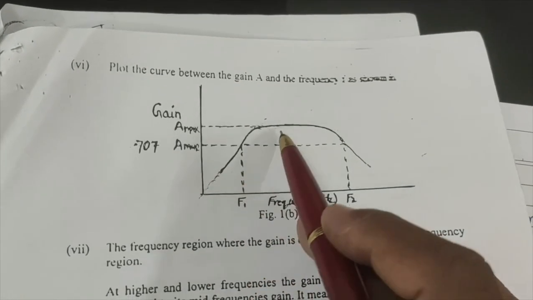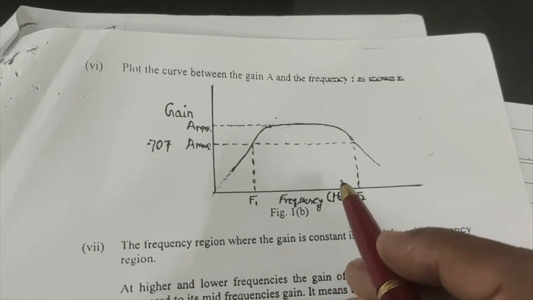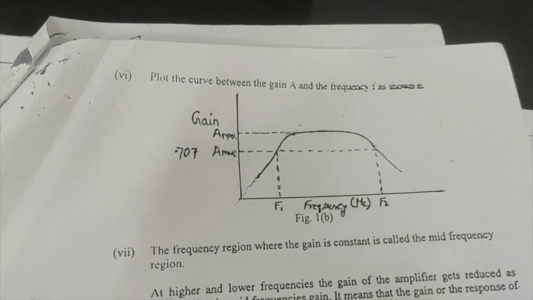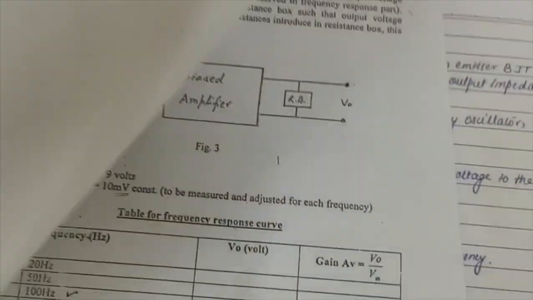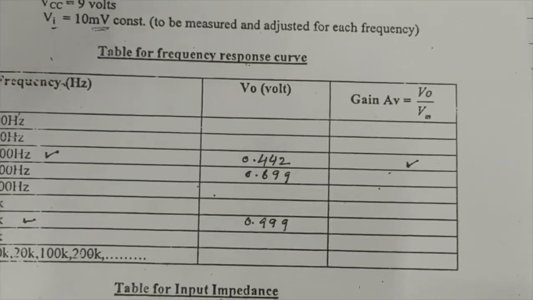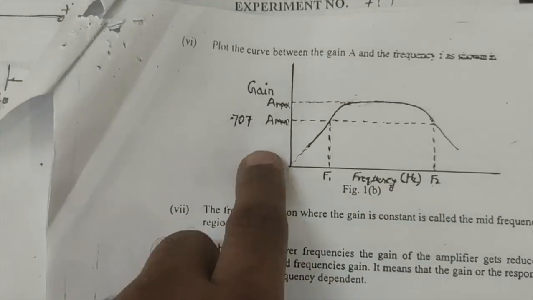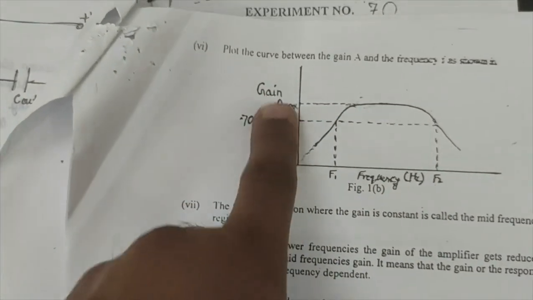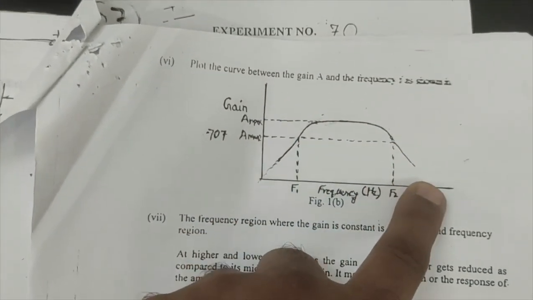So this will be the nature of the frequency response for this single stage RC coupled amplifier in common emitter configuration. We have to note down the frequency, the output and the gain, and plot it like this: on the x-axis the frequency, and on the y-axis the gain of the circuit, and it will come out to be like this.